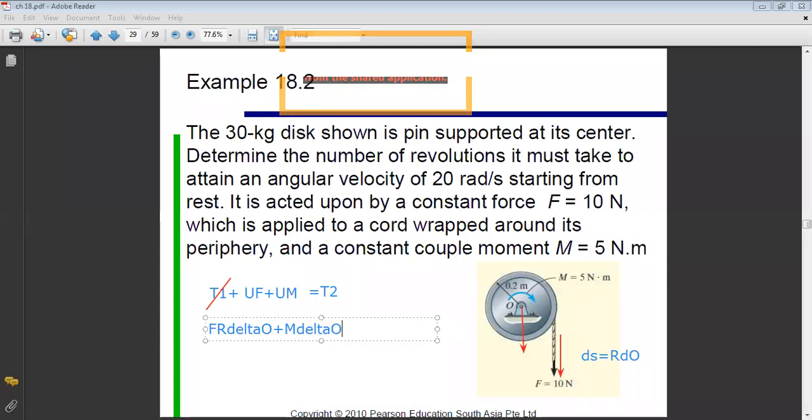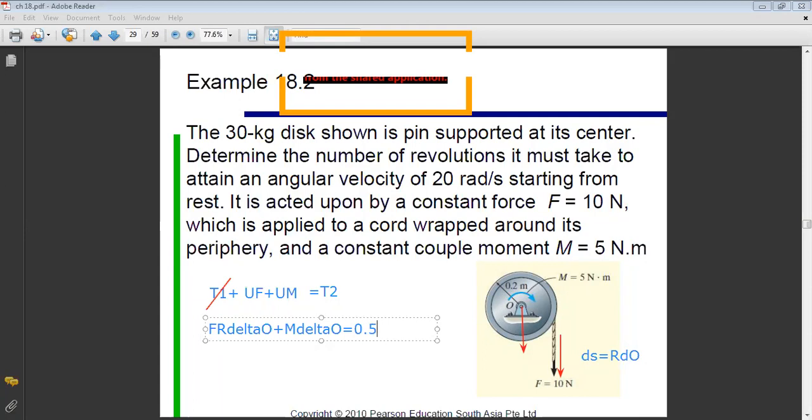So here my only unknown is delta theta. Now, what will be the final kinetic energy? What is the expression of the kinetic energy here? You have rotation about a fixed point, so what do you use? Half I theta prime squared. Very good.